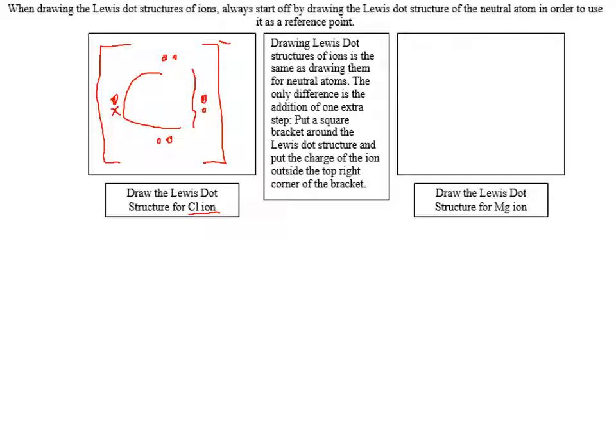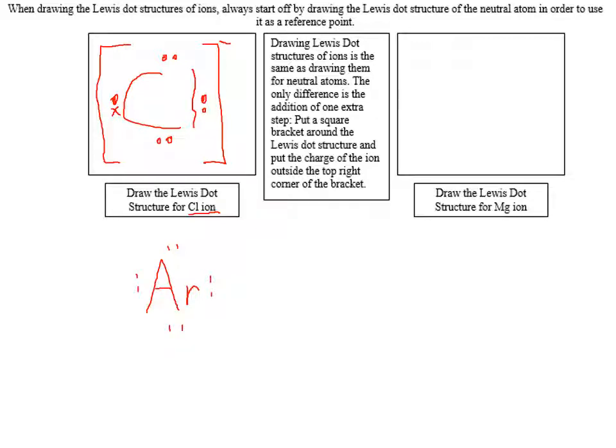Again, nonmetals gain electrons to become stable, to become like their noble gas. In this case, chlorine became similar to argon, right? If you look at argon, we saw that its Lewis dot diagram has 8 electrons as well.